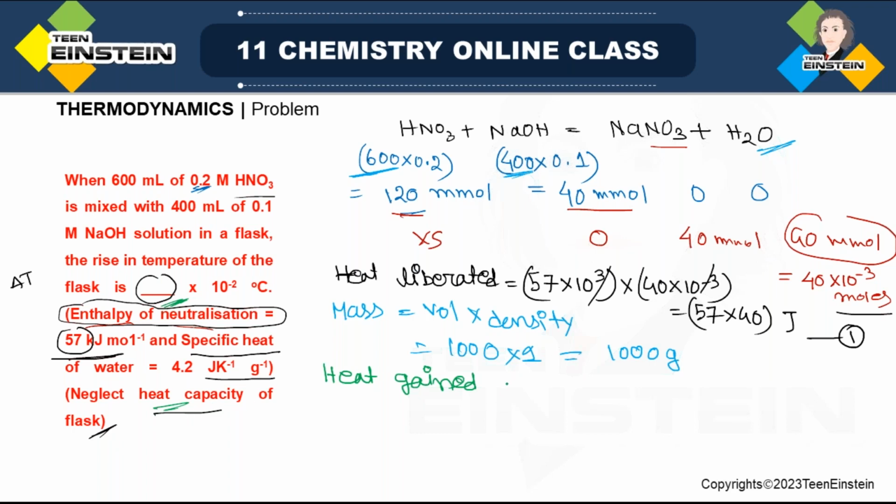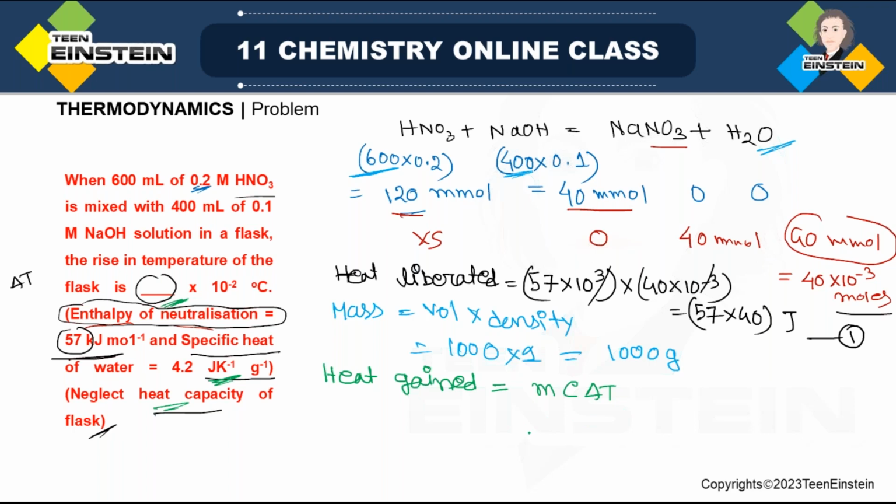So the heat gained is equal to m times specific heat capacity multiplied by delta T. The specific heat capacity is given as 4.2 joule per Kelvin per gram.